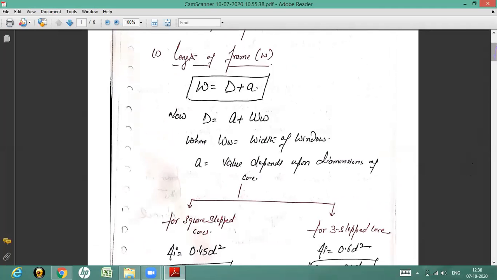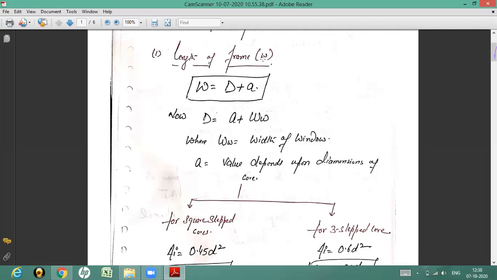Clear? Now first of all, for calculating the length of the frame, denoted by W. Mind it, there is another term, WW. WW means width of the window, but only W means the length of the frame.